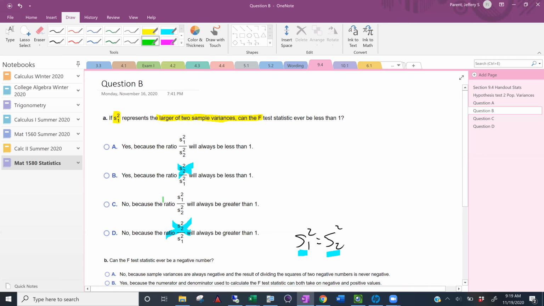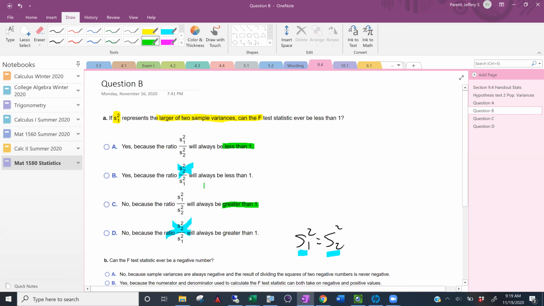Now, if a larger number is in the numerator than it is in the denominator, are you going to get a number less than 1 or greater than 1? Less than 1. The larger number is in the numerator. So give yourself an example. Give yourself a fraction. Okay.